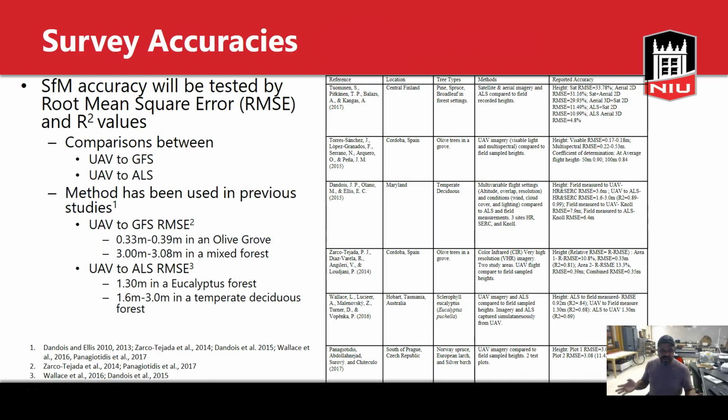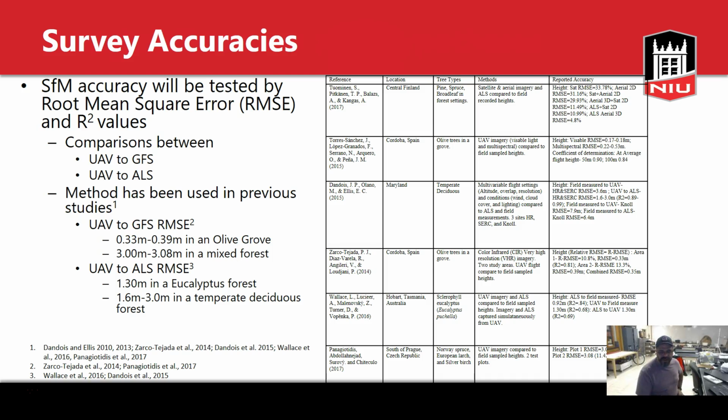There have been several studies that have used structure from motion already. I put a table in here that had a lot of different tests run on them. Lots of the comparisons are between UAV versus ground-based field measurements, and UAV versus ALS.